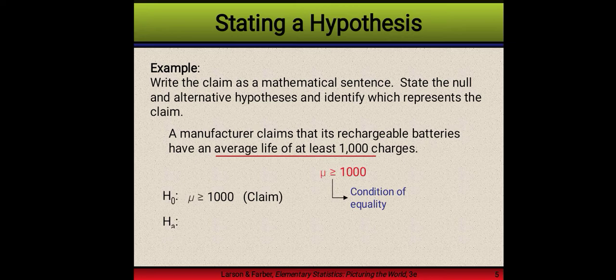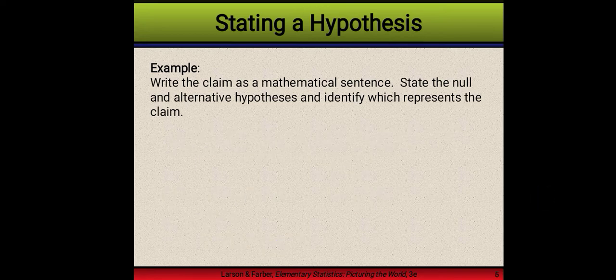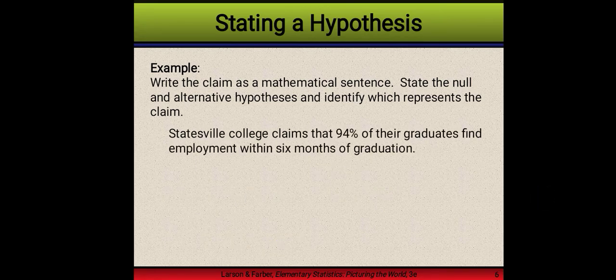We have here the 1,000 as the condition of equality. The null hypothesis is 1,000 or the claim, and we have the alternative hypothesis 1,000 also, which is the complement of the null hypothesis. This is how to state a hypothesis.